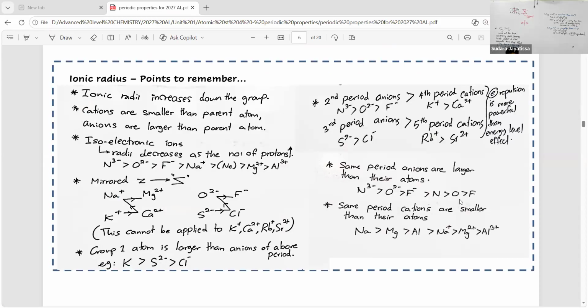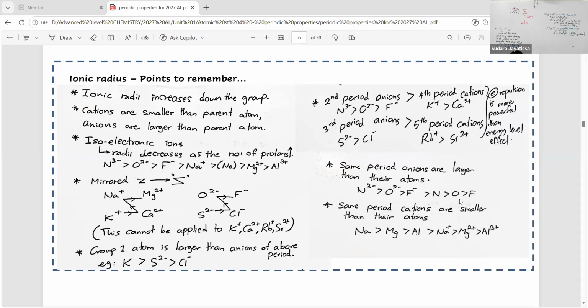Sodium+ basically has neon's electrons. Neon has 10 electrons, and sodium+ also has 10 electrons, and sodium+ has a +1 charge as well. So we might suspect that sodium has more nuclear charge, and therefore sodium+ should be smaller.